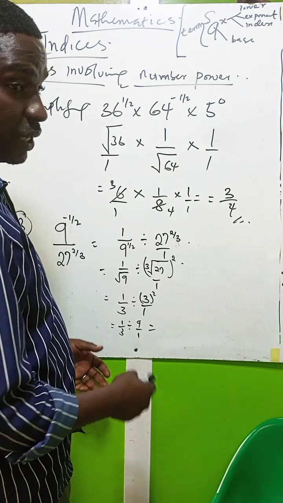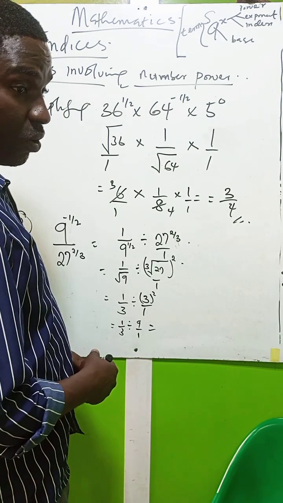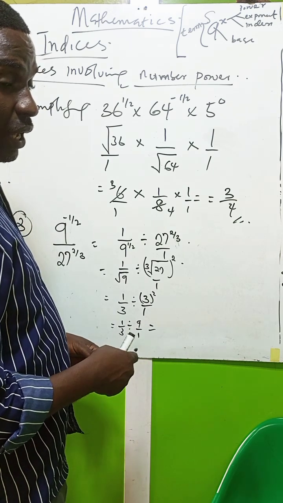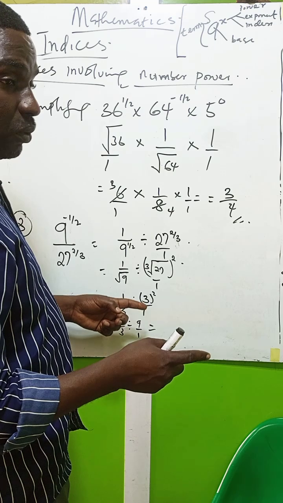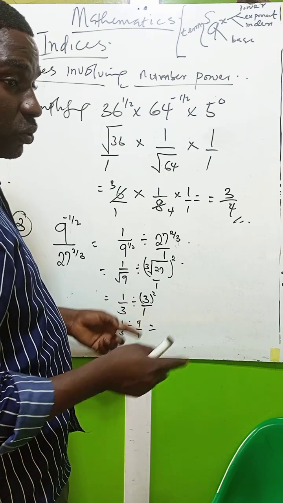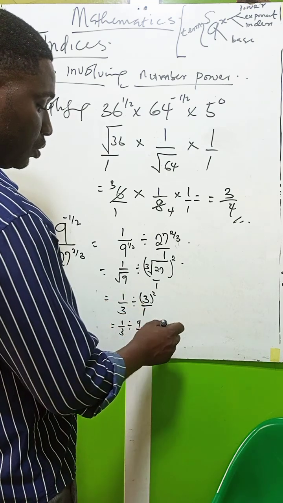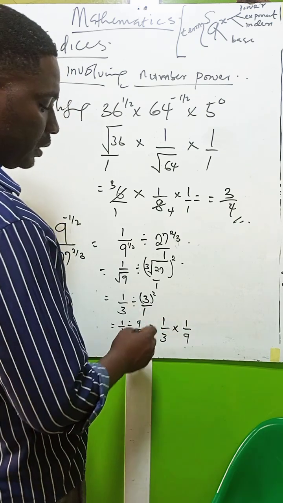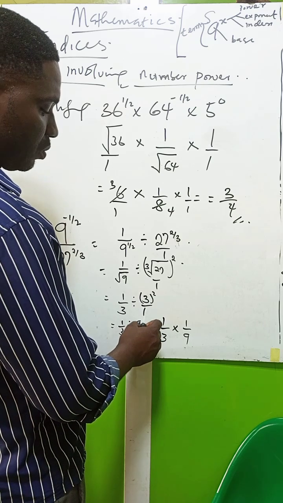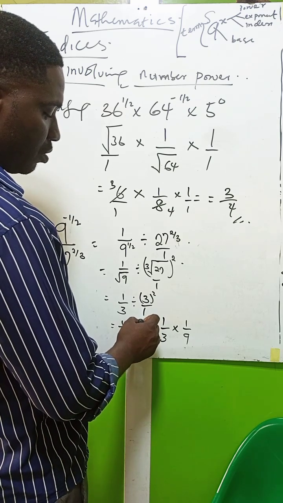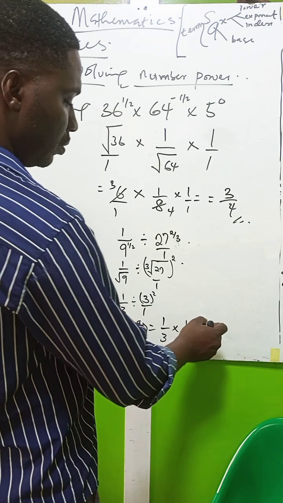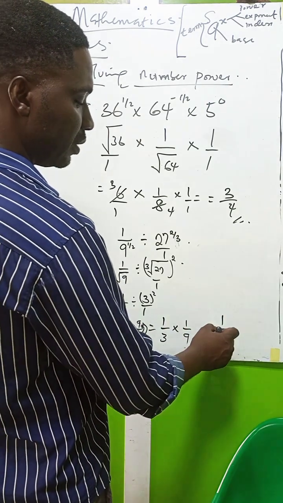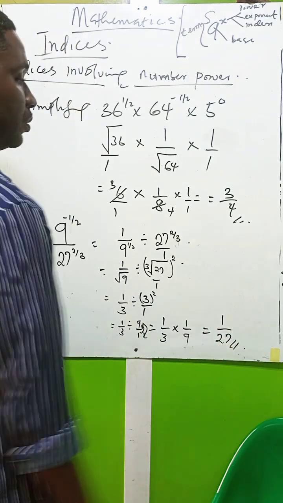You know, we say reciprocal is 1 over something, or when the numerator and the denominator swap position. So 1 over 3 times 1 over 9, this has come down and this one gone up. That's 1 times 1, 1 over 3 times 9, 27. So that's our final answer.